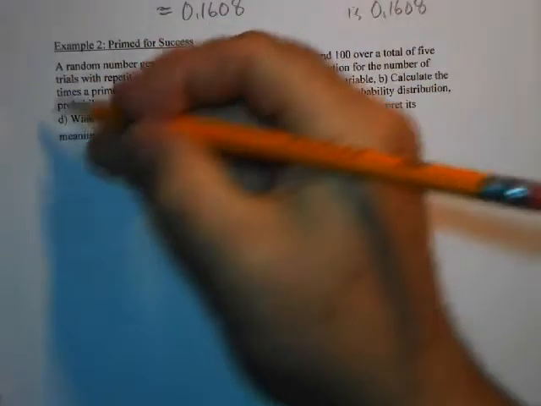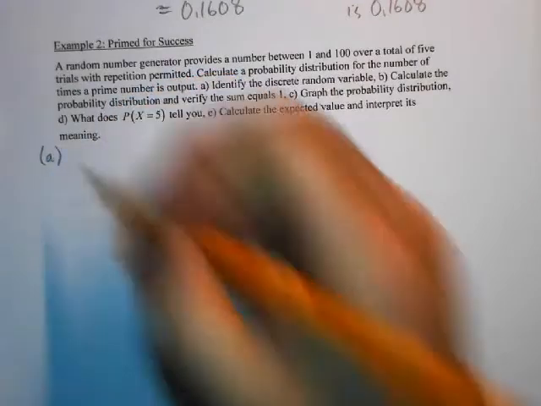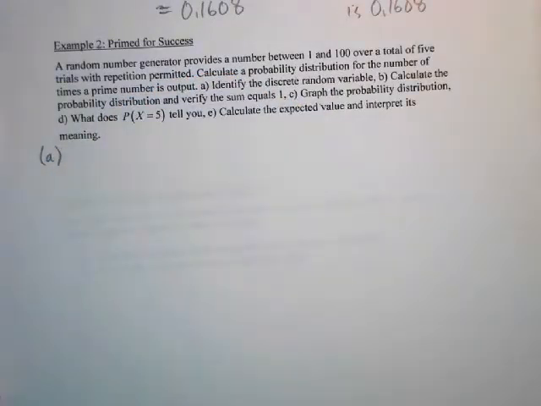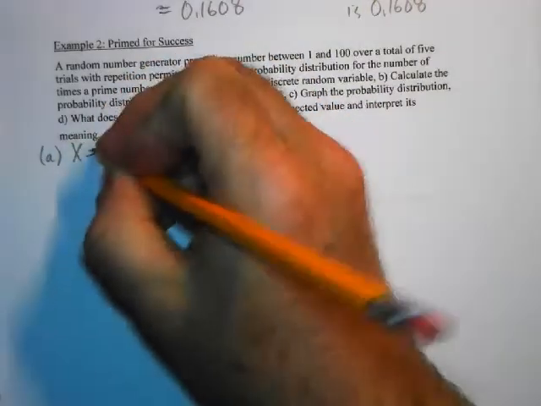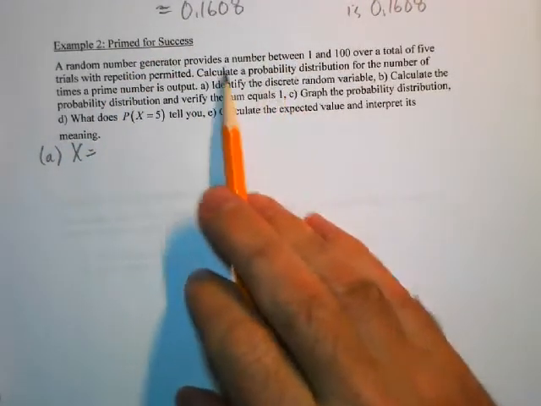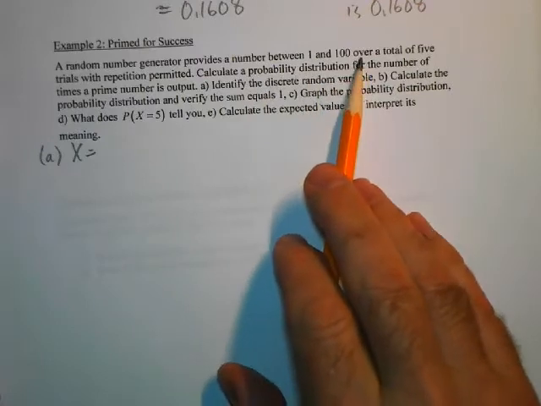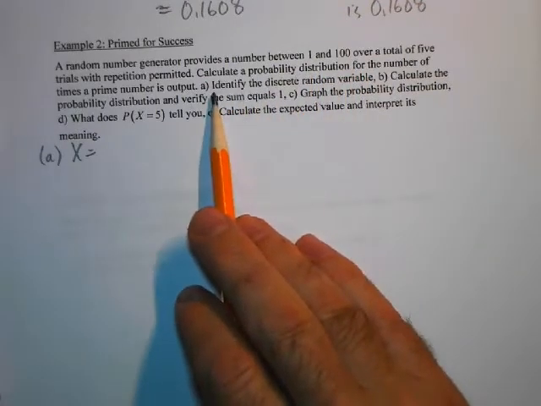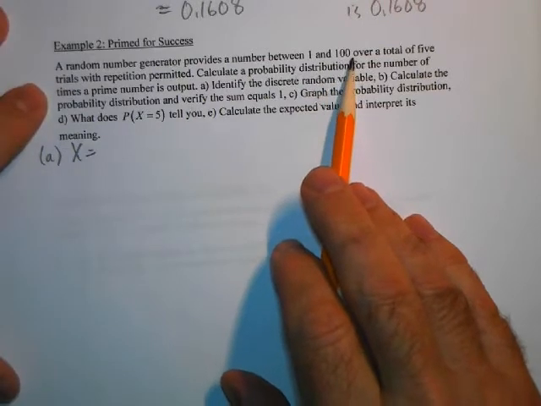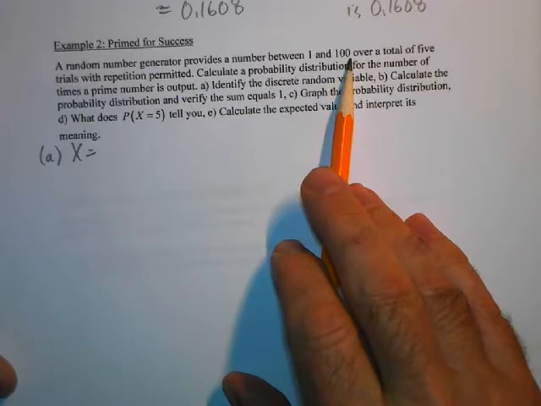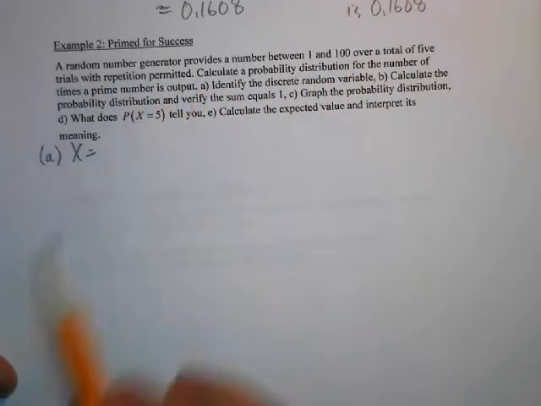So the very first thing, part A, was identify the discrete random variable. We're going to use our old friend capital X. What are we actually counting here? We're counting how many times a prime number was picked when a random number was picked between 1 and 100.